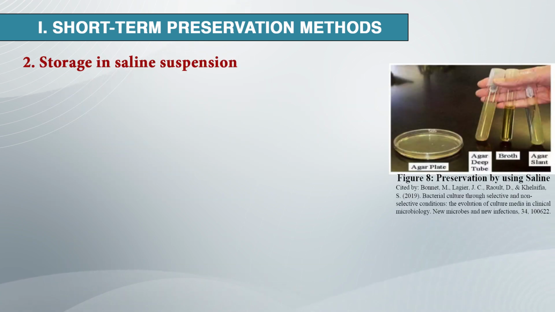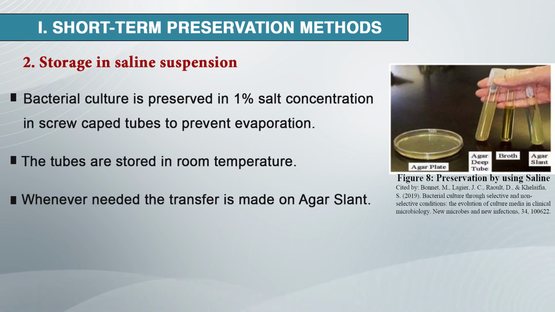Next is storage in saline suspension. Bacterial culture is preserved in a salt concentration in screw cap tubes to prevent evaporation. The tubes are stored at room temperature. Whenever needed, the transfer is made onto an agar slant.